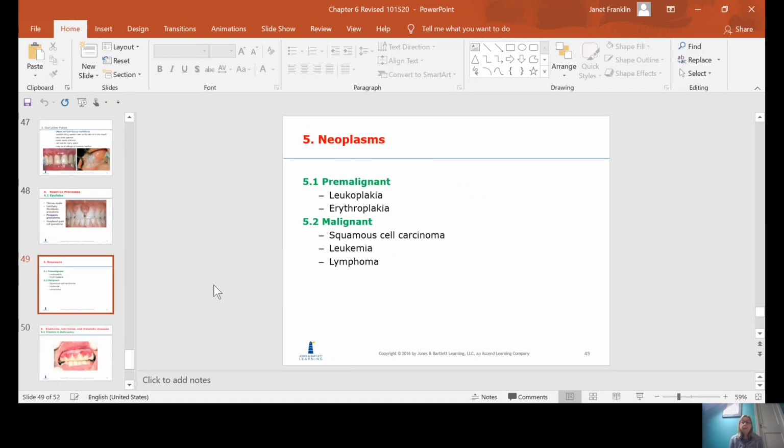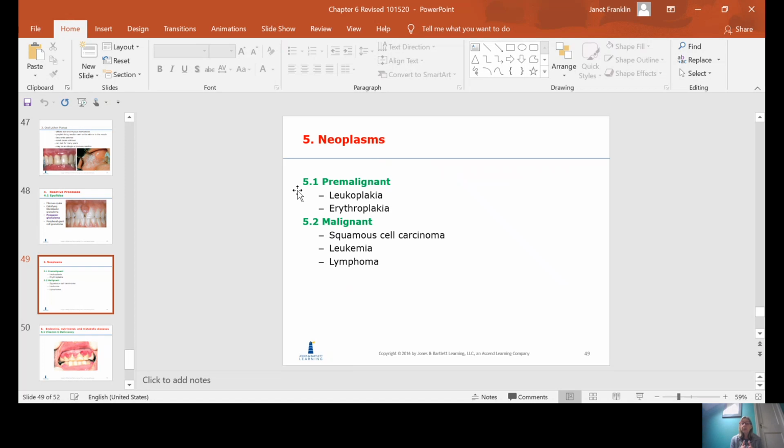You can have pre-malignant changes, such as leukoplakia and erythroplakia. So leukoplakia is another one you will commonly see. Leukoplakia is a pre-cancerous state. Where you commonly see leukoplakia is patients that chew tobacco. So you will pull out their lower lip and you will see this tissue that's like white striated lines, and it looks irritated.